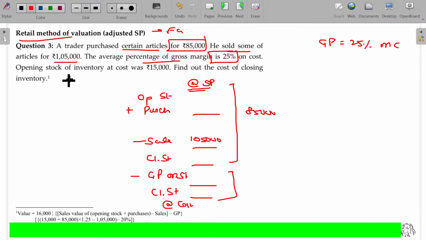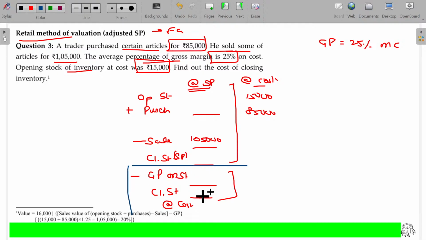Opening stock of the inventory being 15,000 at cost. These things are at cost, but I need to know at the sale price. Opening stock plus purchases minus sale, and you will get the closing stock also at the sale price.